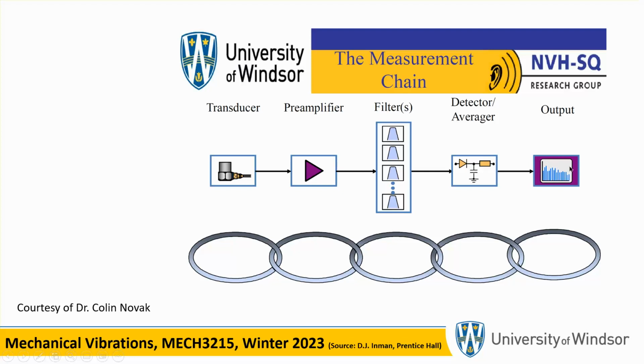And at the output, you can see stuff in time domain or frequency domain. So this is the chain of measurement requirements in order to go from a physical phenomenon to the detection of it through the accelerometer.